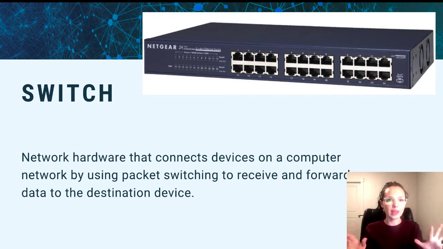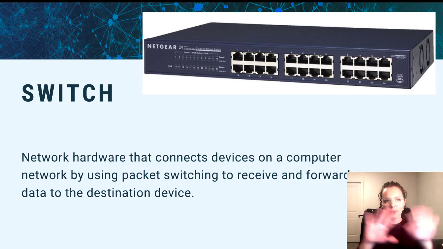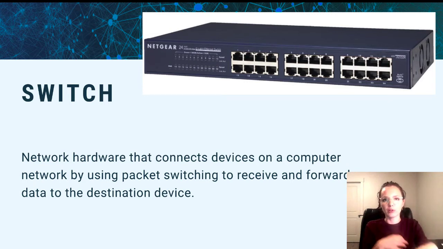Not everybody on the network gets everybody's data. Instead, this little awesome device figures out where those packets of data are supposed to go, so that you don't have to continually broadcast them to every one of the computers that are connected to the line. So that is the difference between a hub and a switch.